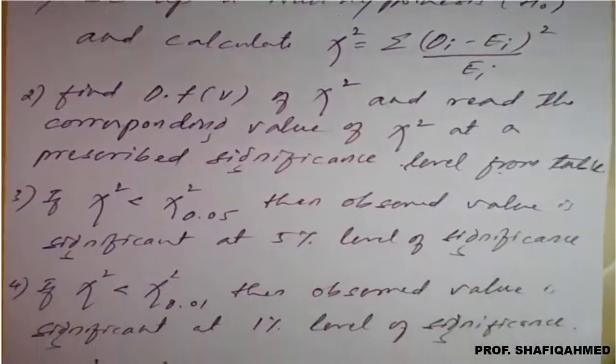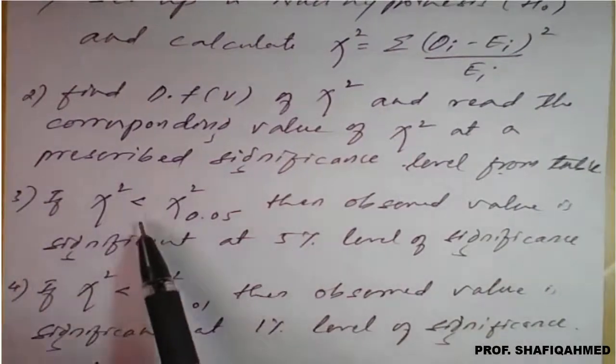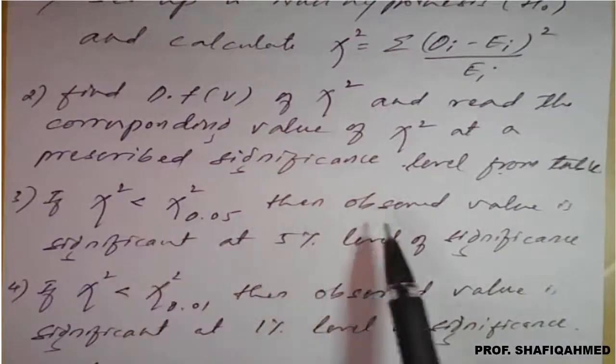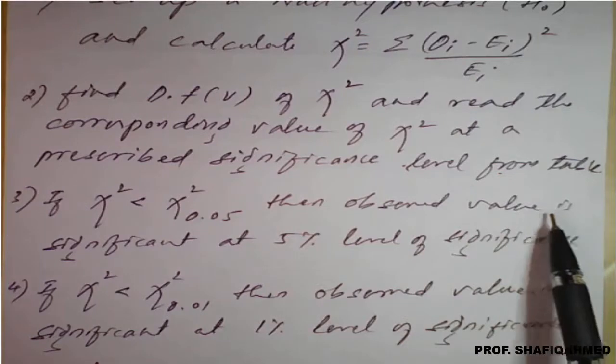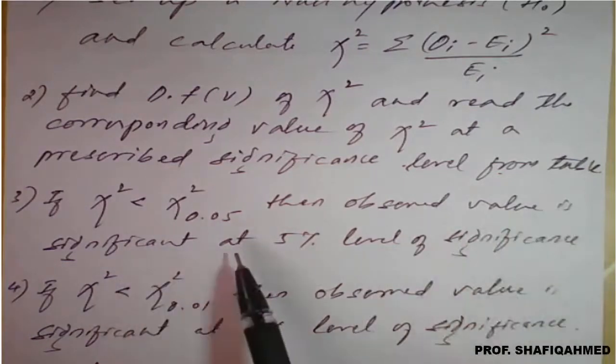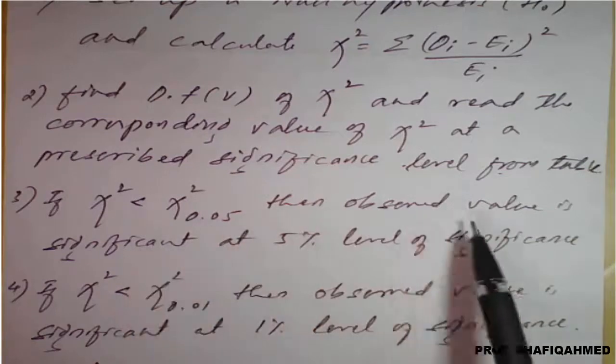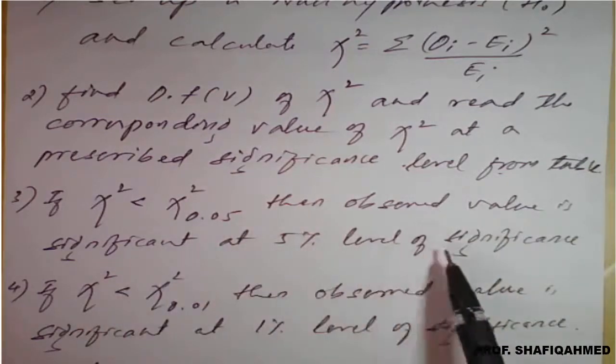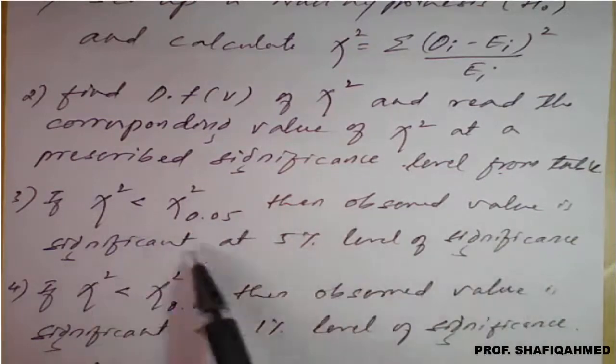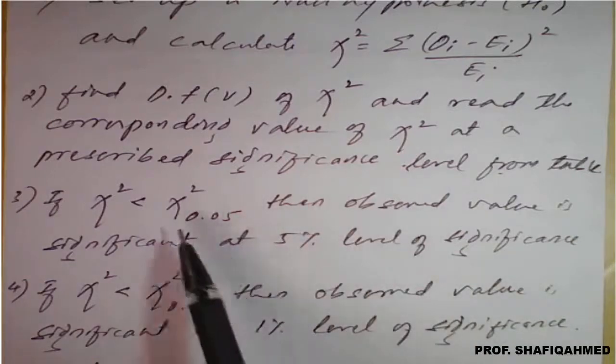Then third one, if chi-square is less than chi-square of 0.05, then the observed value is significant at 5% level. Means this meaning is that it is accepted for 5%.